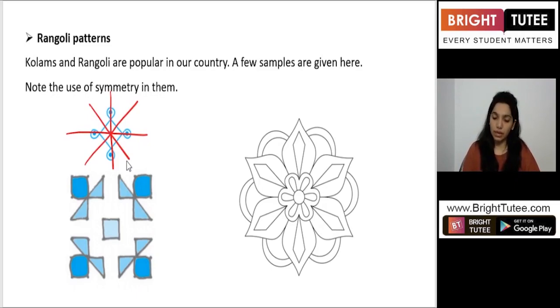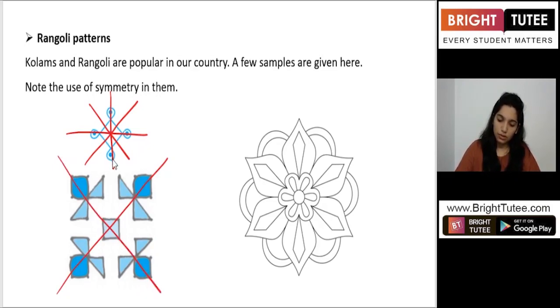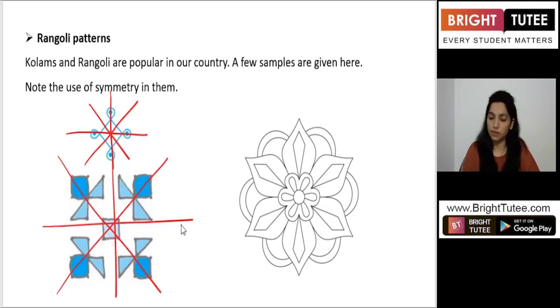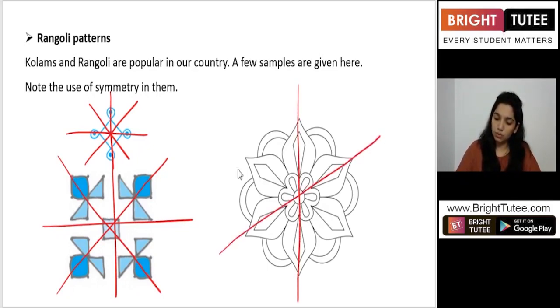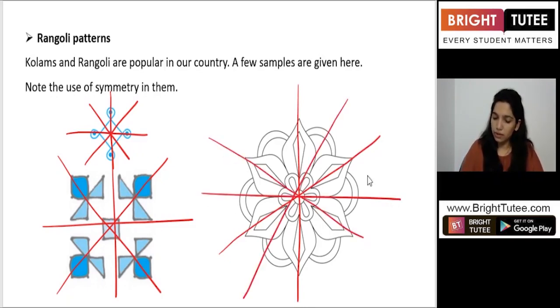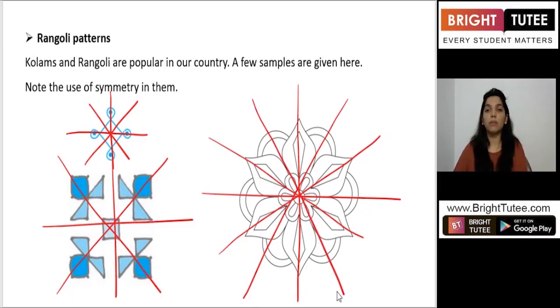Is that right? Now look at the next one here. We can have 1 line of symmetry here, 1 line of symmetry here, another one vertically, horizontally. We can see another 4 lines of symmetry. Similarly, look at this particular one: 1, 2, then 3, then 4, 5, 6 lines of symmetry are possible for this figure.